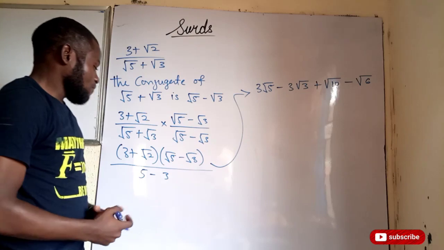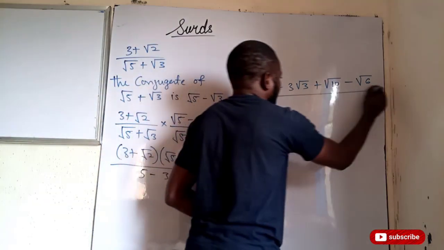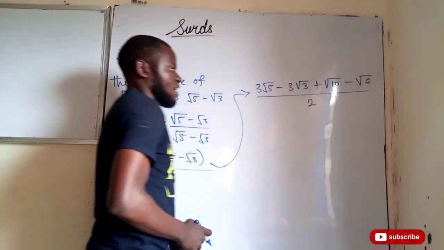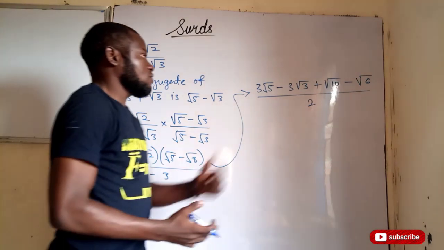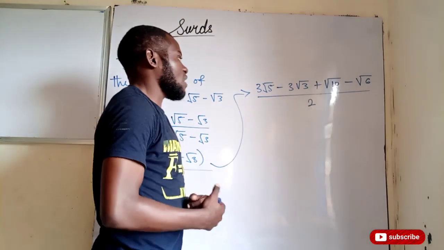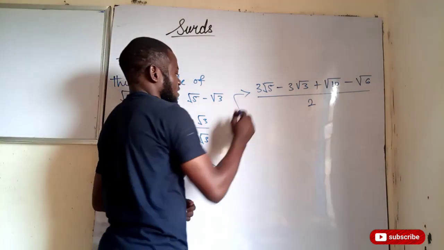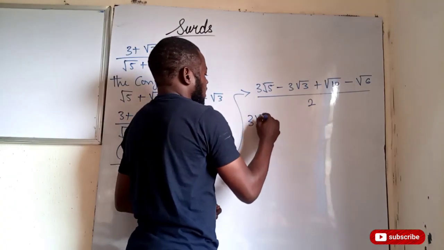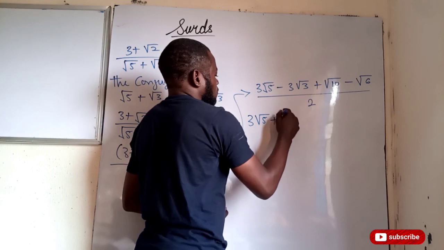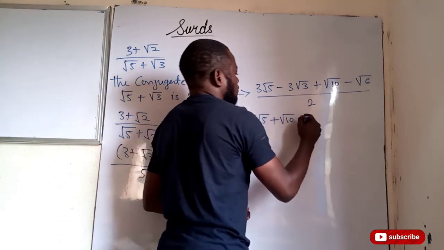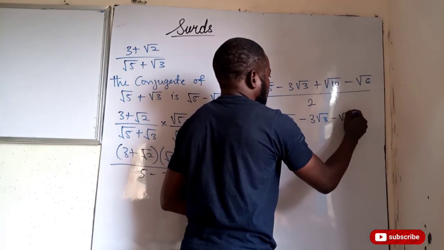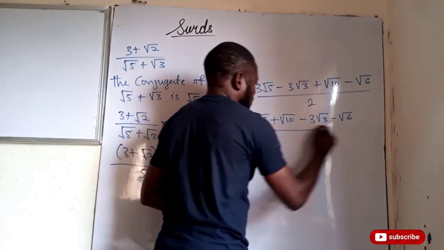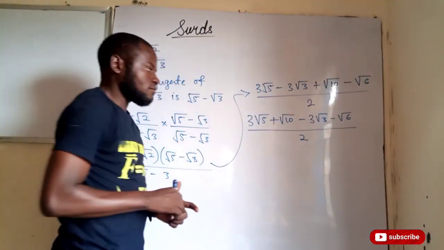Are we together? Divided by 2. Now let us try to rearrange this so that we can have something that will make sense there. So this will be 3 root 5 plus root 10 minus 3 root 3 minus root 6, all divided by 2.